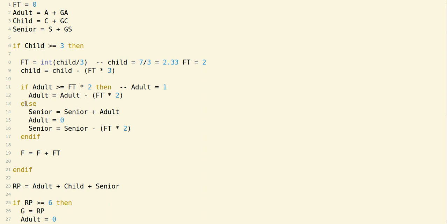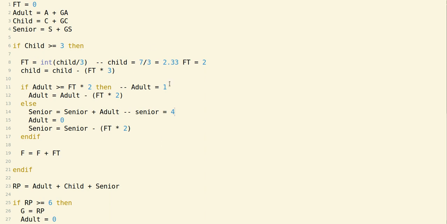Then the code is going to jump to the else part, and it's going to combine that adult with the senior to form one value. After this is done, let's take some sample value over here as well. Let's say the value of senior was 4.